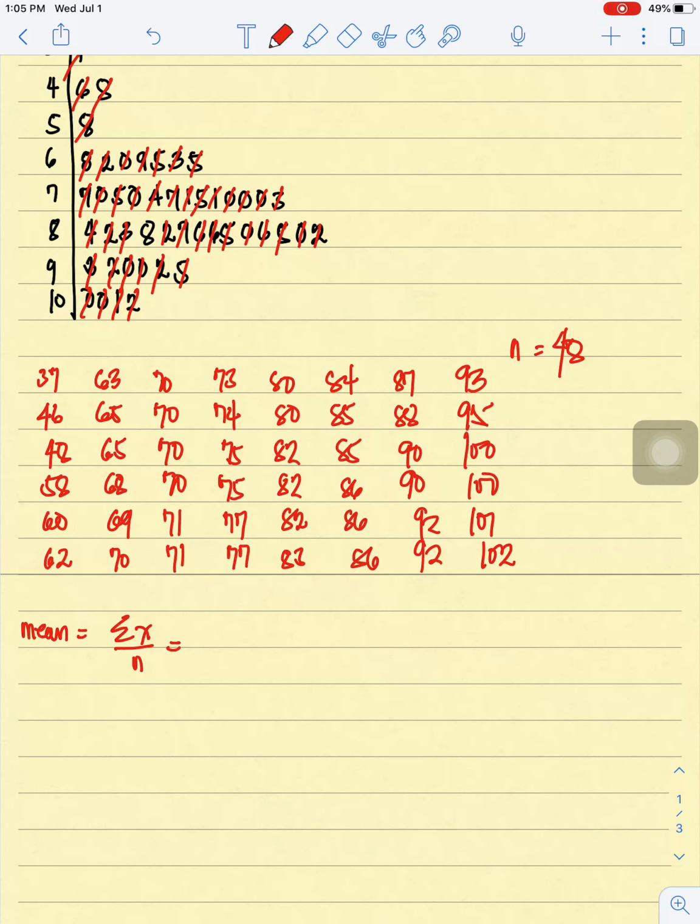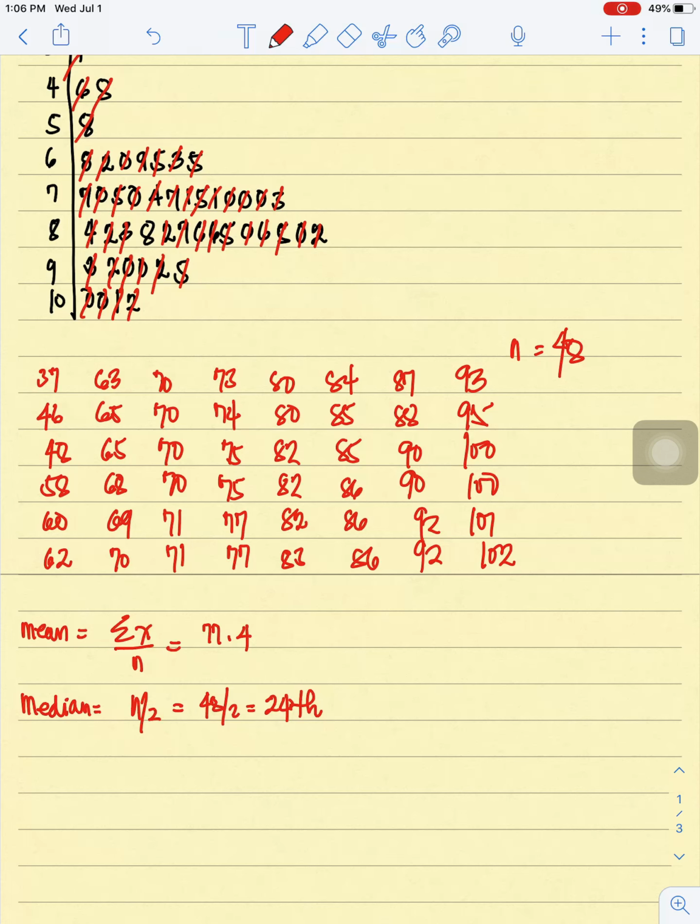So let me use this calculator technique. For our mean, we have there 77.4. Next is the median. We have n over 2, that is 48 over 2 is 24. That is the 24th place.